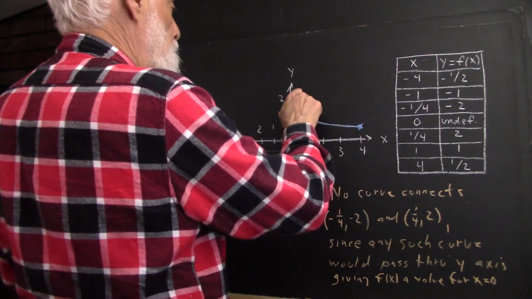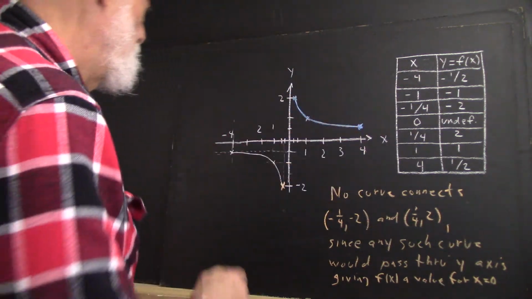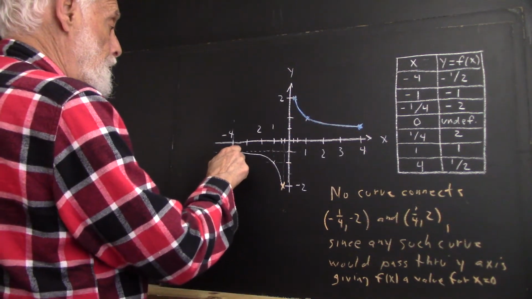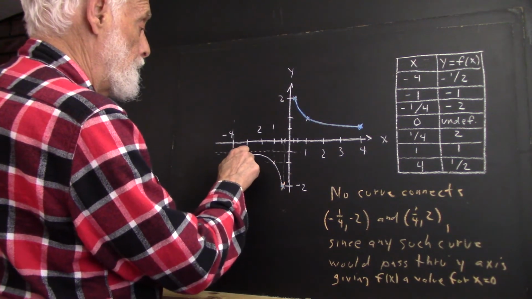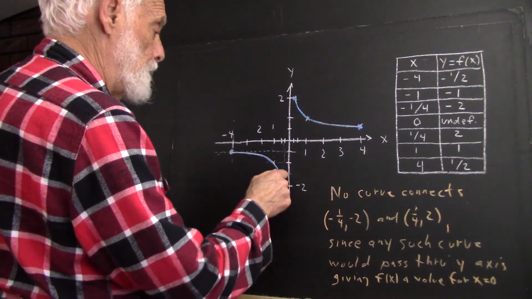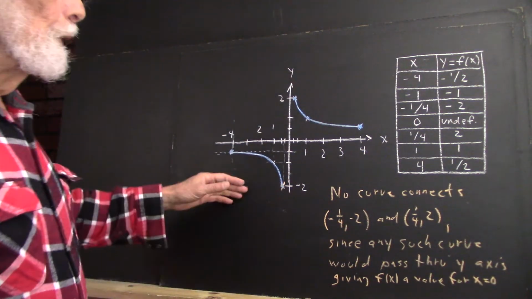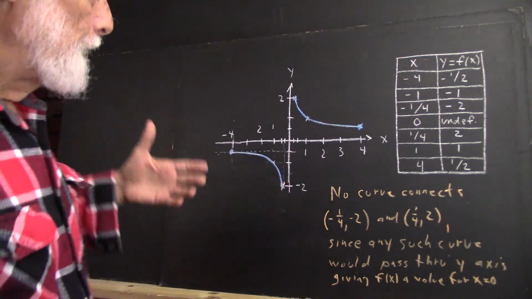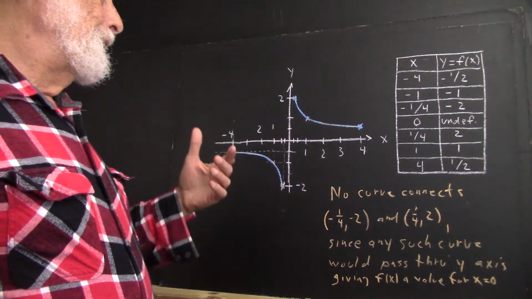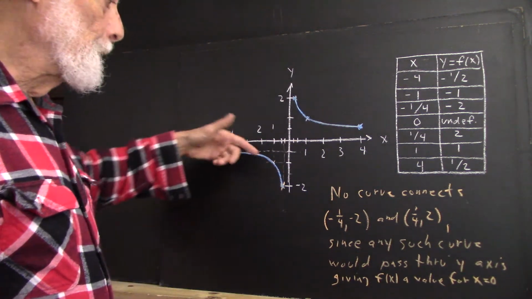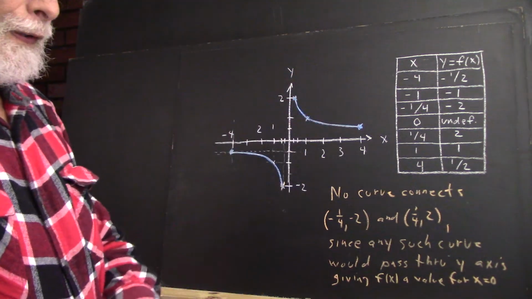I can put a closed dot here and a closed dot here, and that's it. Anything else is guesswork. Now, there is a bit of guesswork in drawing the curve, but I've drawn a pretty reasonable curve, and it's a reasonable assumption that that curve is at least in the ballpark of what this function should do.